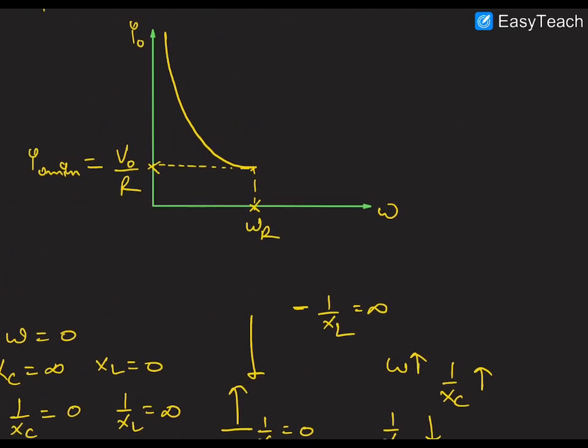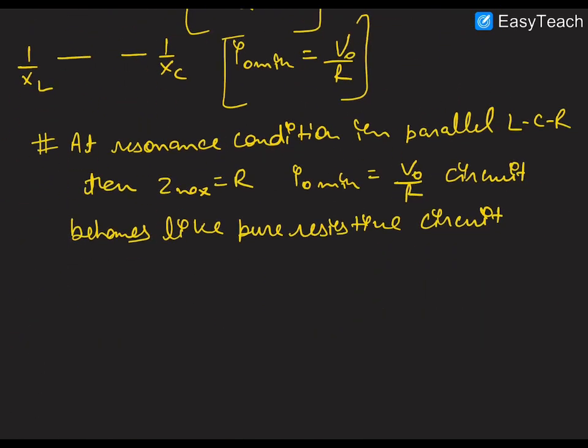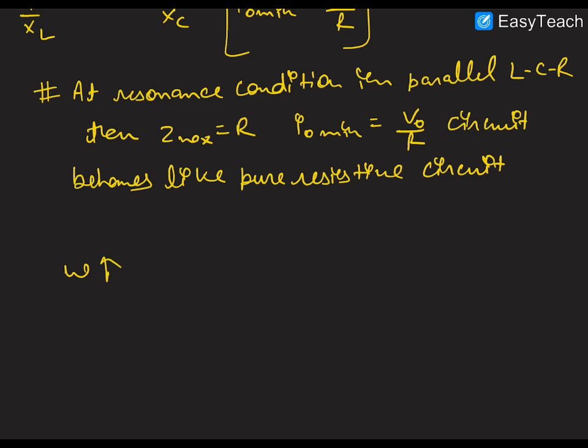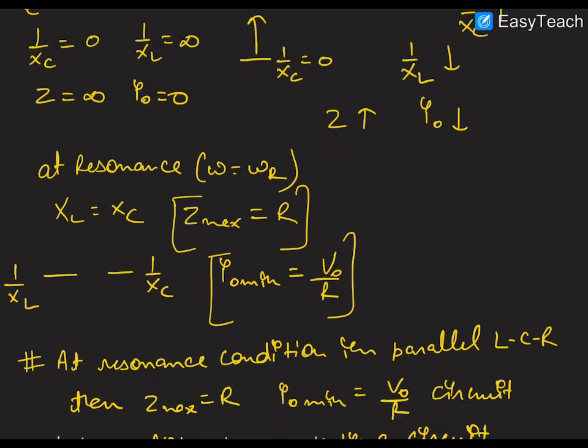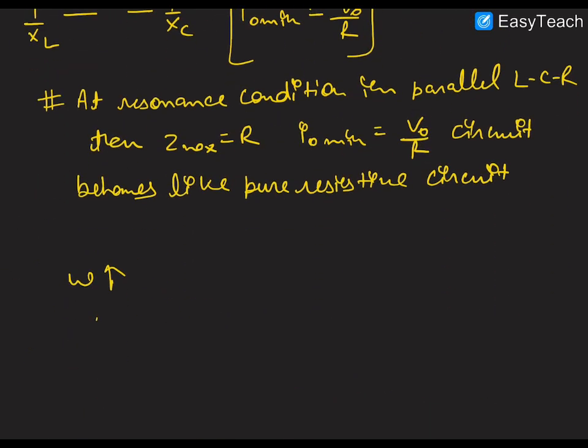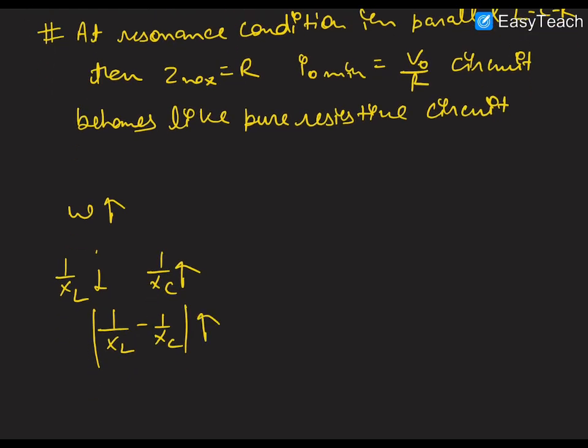Now if we further increase omega, then the difference of XL and XC will increase, because 1 upon XL will decrease and 1 upon XC will increase, and therefore the modulus of 1 upon XL minus 1 upon XC, because it would be negative now, will increase, and Z will decrease, and I naught will increase.